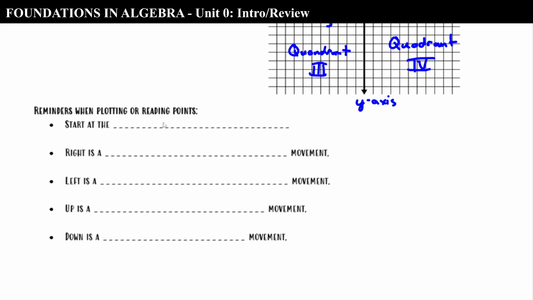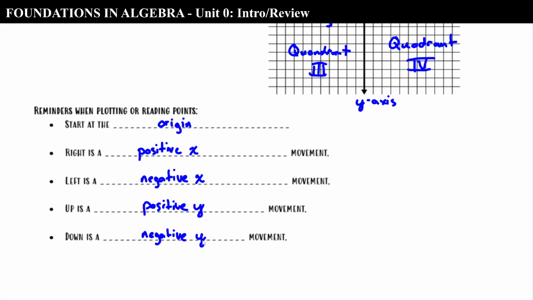You're going to start at the origin. Right is the positive x movement. Left is a negative x movement. Up is a positive y movement. And down is a negative y movement.